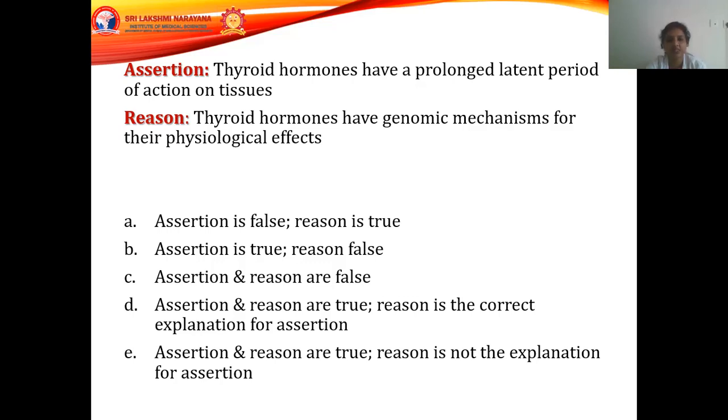Is this reason substantiating the first statement? The answer is that both the assertion and the reason are true, and the reason is the correct explanation of the assertion. We always expect that thyroid hormone action takes some time to happen, and the reason for this is the nuclear mechanisms which are involved.